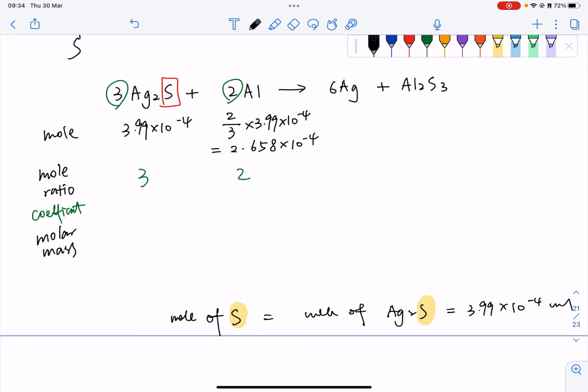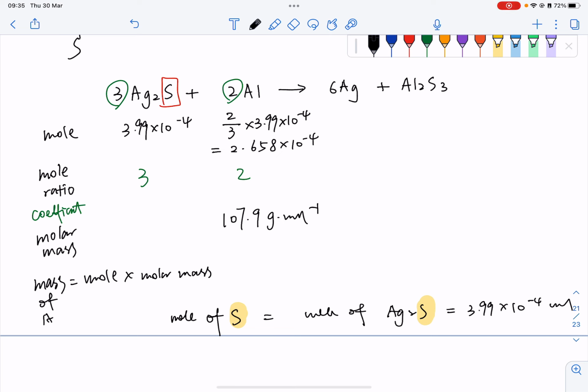What is the molar mass for aluminum? It's written in the question as 107.9 gram per mole, right? And then we have the mole, we have the molar mass. What should be the formula for calculating the mass? It should equal mole times molar mass, right? This one should be the mass of aluminum.